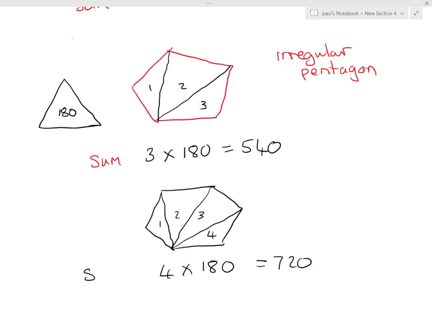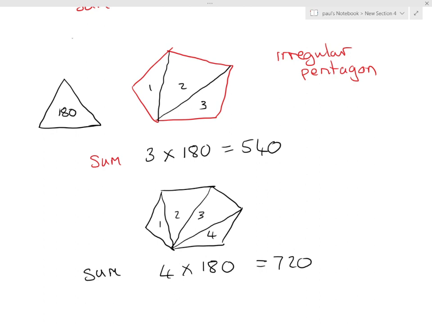So this is the sum of all the angles. This will actually work for a regular or an irregular. It won't make any difference. This is not the only way, but this is how you find the sum for an irregular.